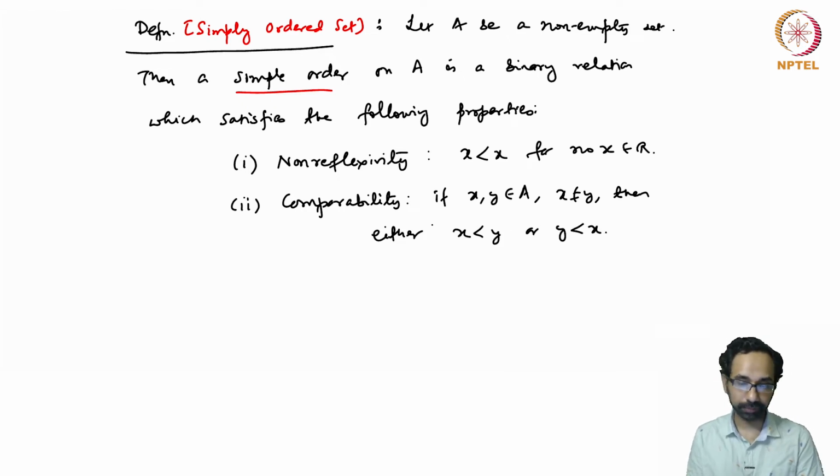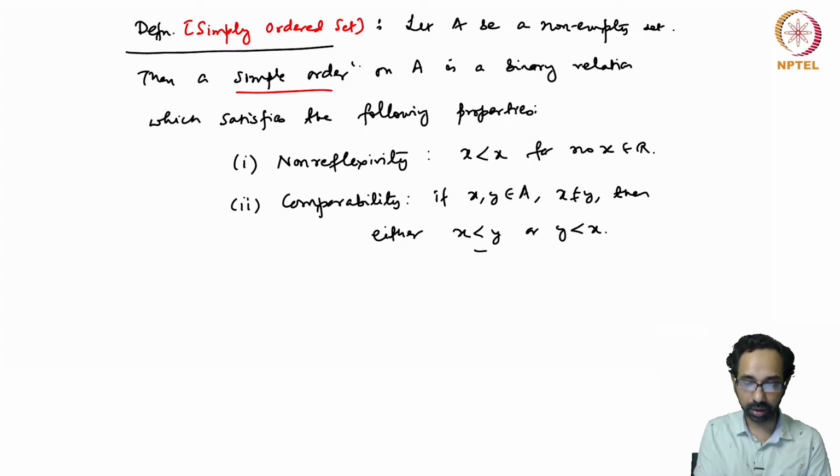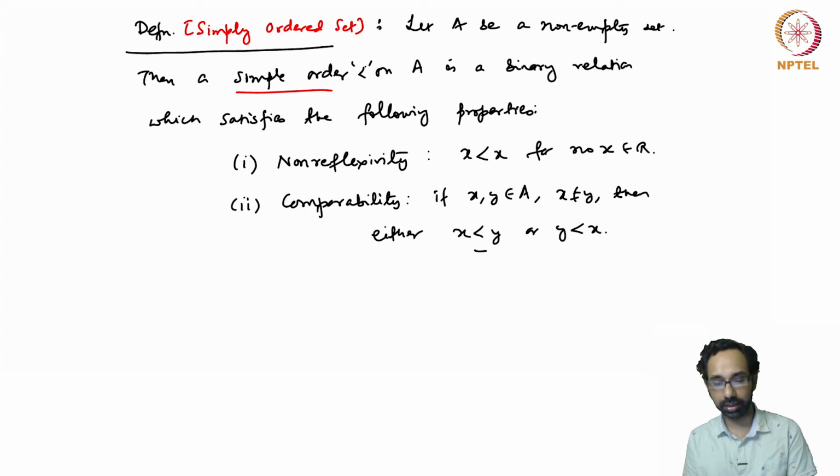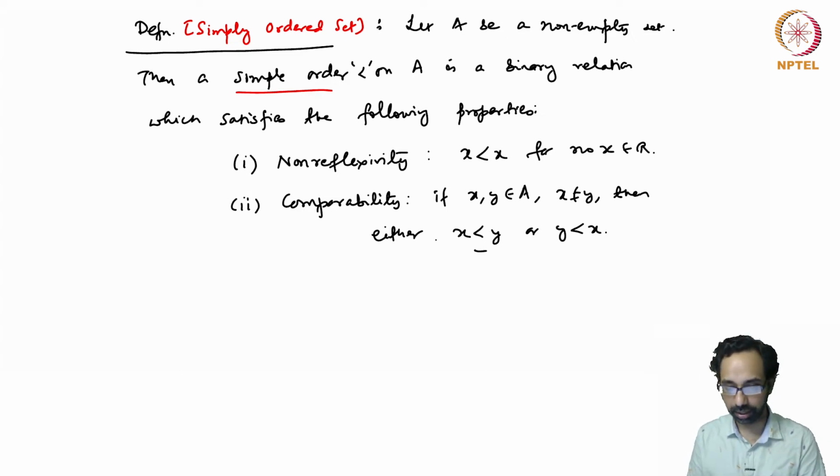Here I am denoting the simple order with the strictly less than sign. Note that A can be any general set, but to have an analogy with our strictly less than relation on the real line, we denote our binary relation on A with the strictly less than sign.